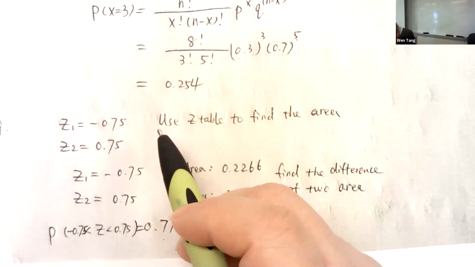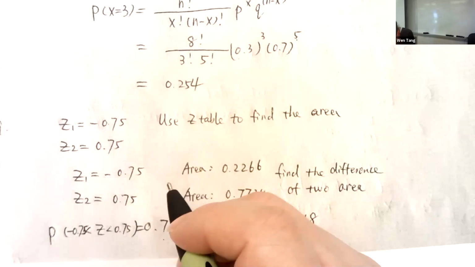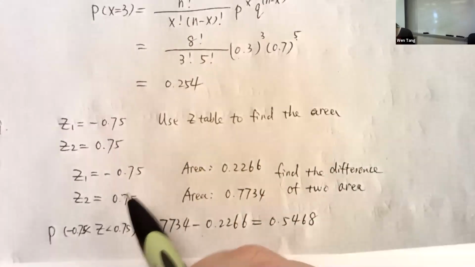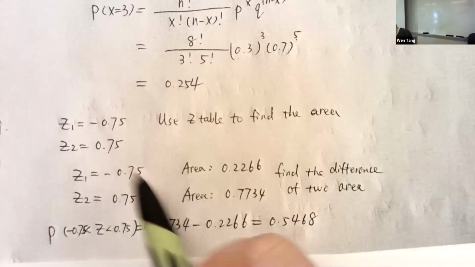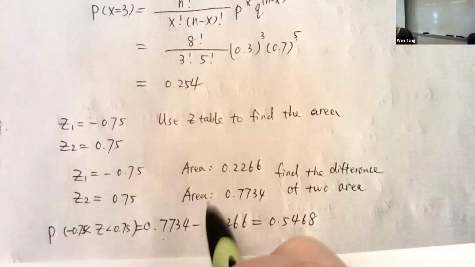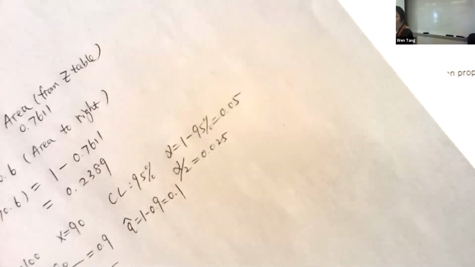They use that 1.5 to check the Z table to find the area. It's totally wrong. You need to check each Z for an area. 2 Z's, 2 areas. Then find the difference between the 2 areas. That's the probability.